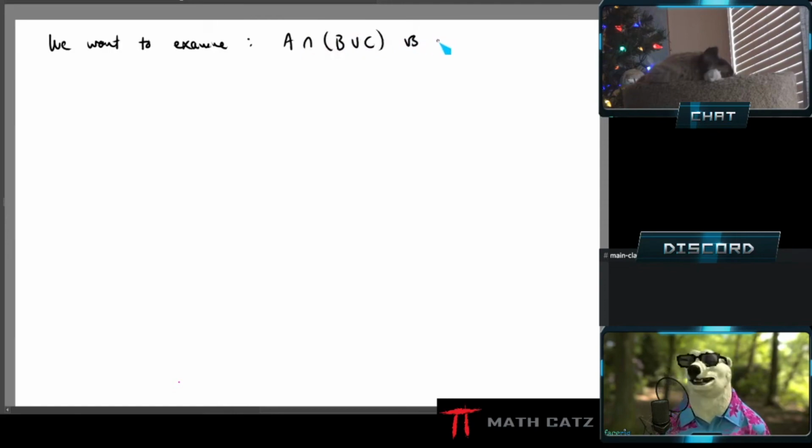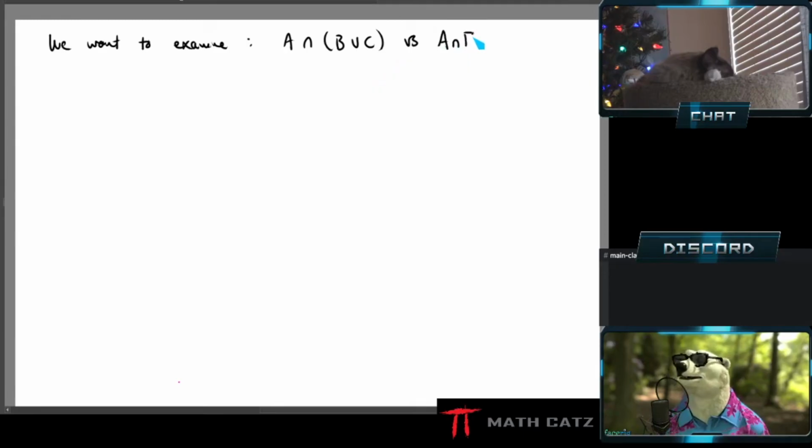So let's just write down here. Let's say we want to test whether this is true. We want to examine A intersection B union C versus, what was the other one?